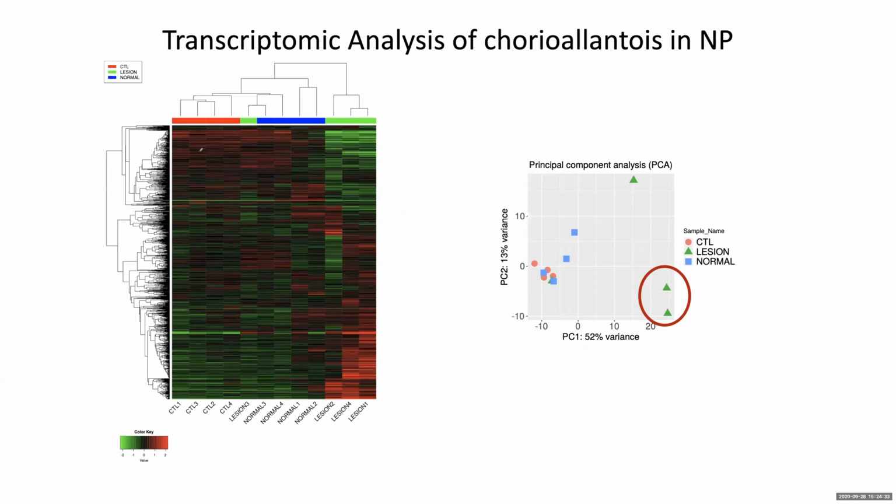Hussam just talked about it, but here again is the heat map of the gene expression of the placenta. Each line represents one gene, and red represents high expression and green low expression. As you can see, lesion 1 and 4 had very similar gene expression, and lesion 2 had another pattern of gene expression, which caused it to cluster by itself at a distance.